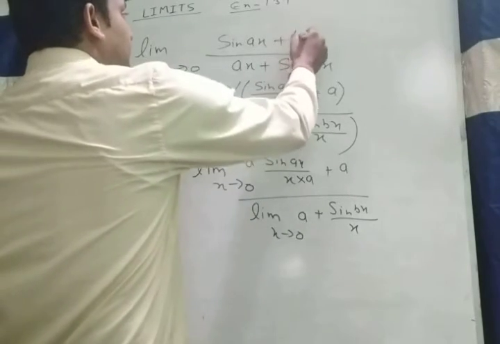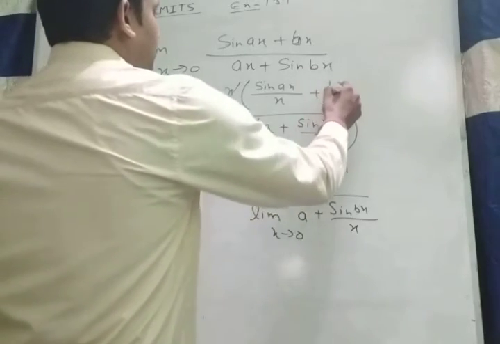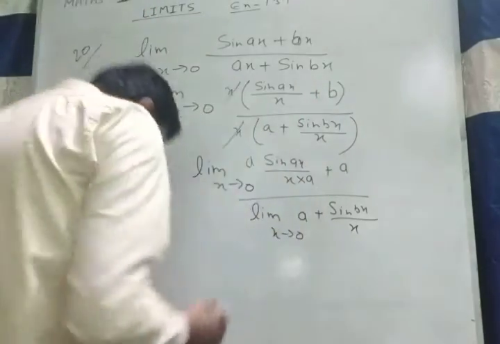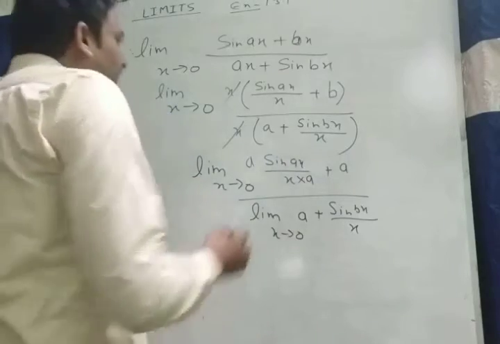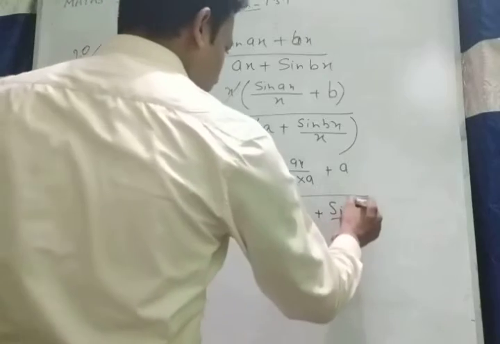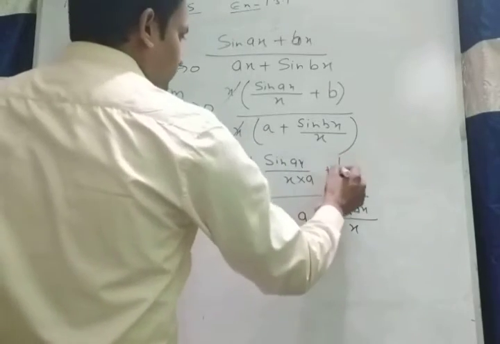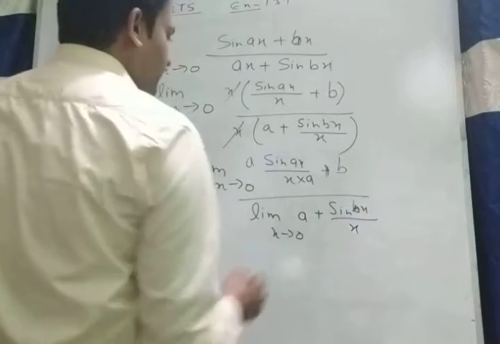Here is bx, so it will be b, and here is sin bx. So we get here b. Okay.